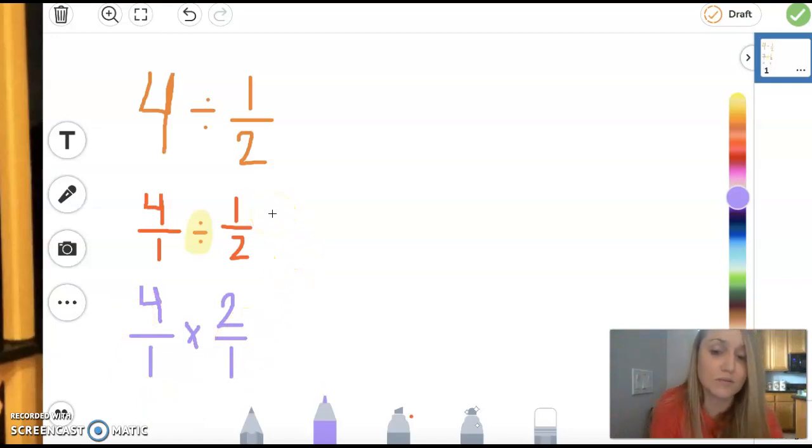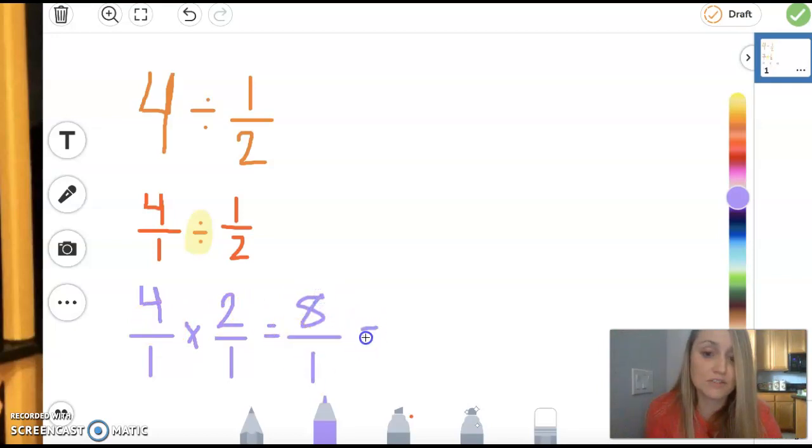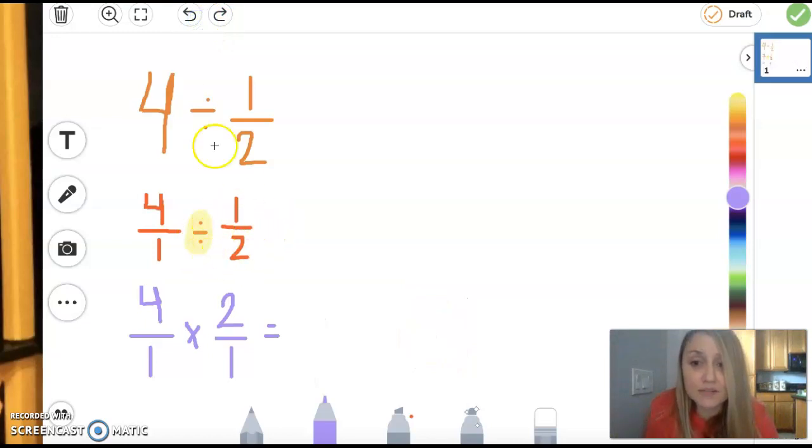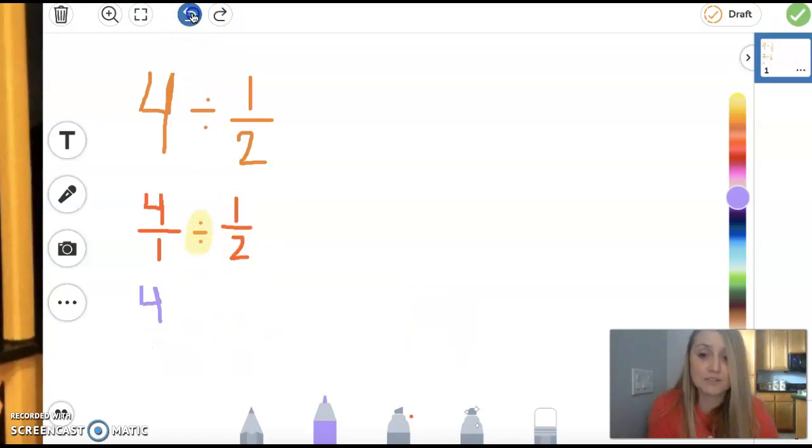It's the only rule with division, because if you don't flip that number, you're not going to get the right answer, because if you were to just solve it like it is, you get 4 over 2, and you get 2 as your answer. Here, 4 times 2 is 8, 8 over 1, which is the same as saying 8. So that is the big rule right here, flipping that second number and multiplying.